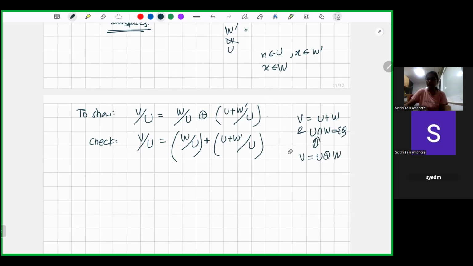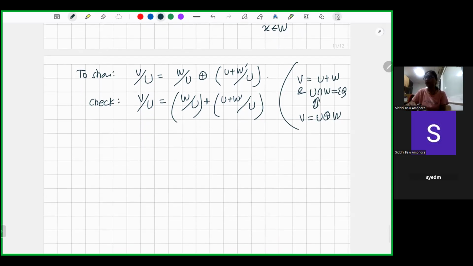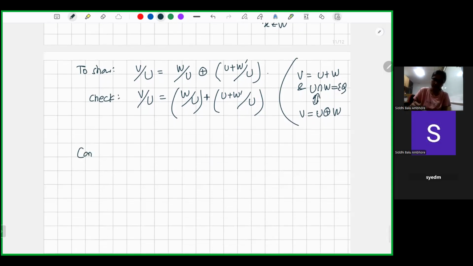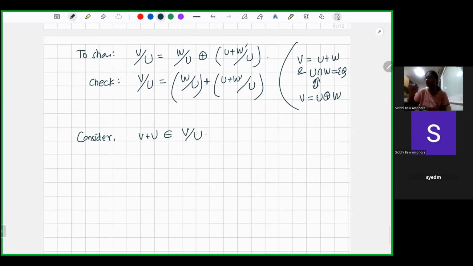So instead of directly going to direct sum, what we will do is we first show that it is the addition of these two sets. And then we will show that their intersection is 0. So consider some element V plus U in this V quotient U. That's how elements of quotient spaces look.